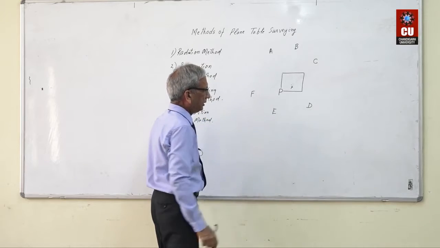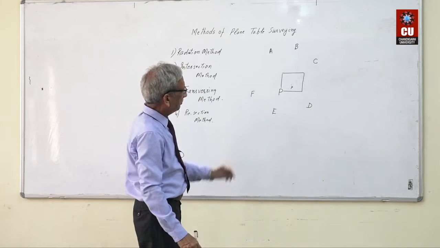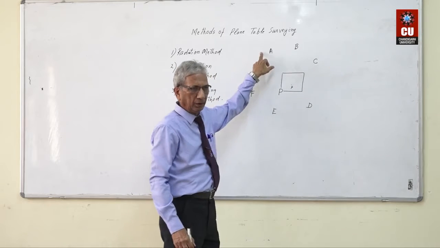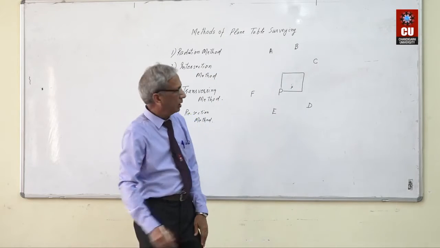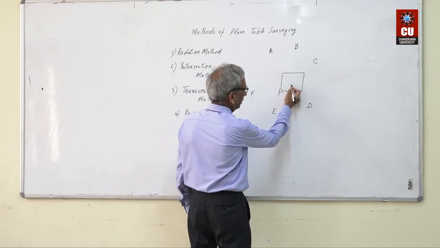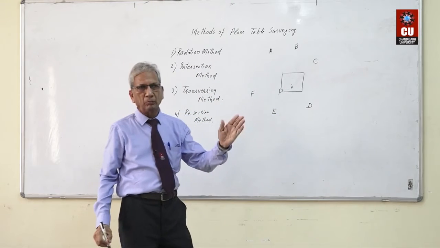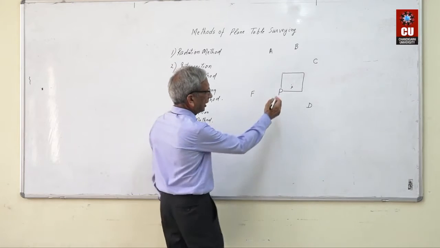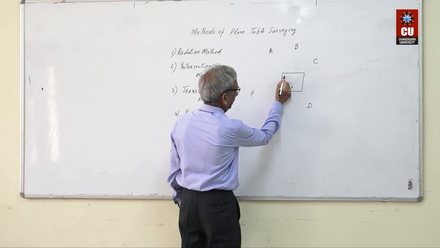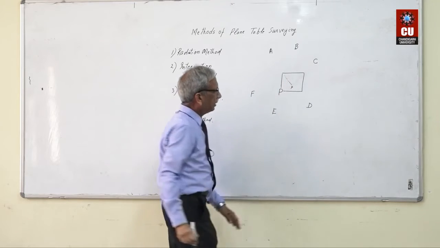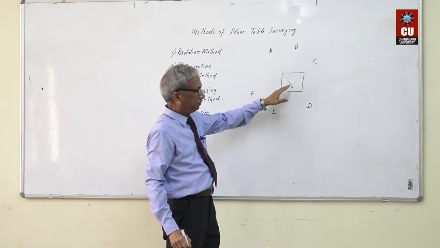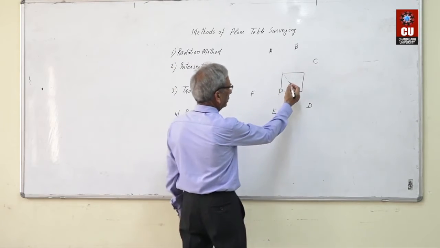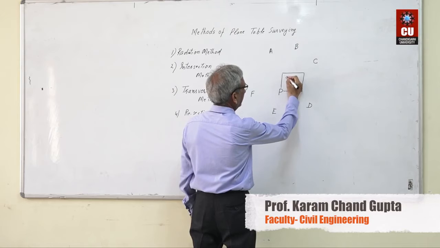We have fixed the alidade at point P. We will point towards A. We will bisect point A after pivoting the alidade at P. Then draw a line towards A. Measure the distance of A from P, and with some scale mark this line on the drawing sheet as pa.